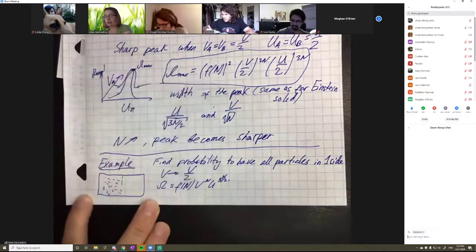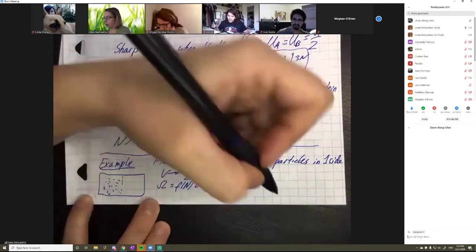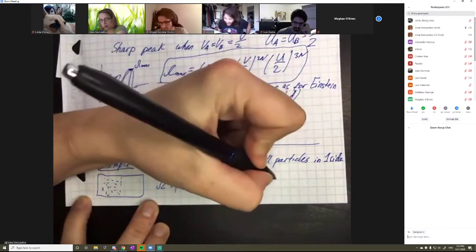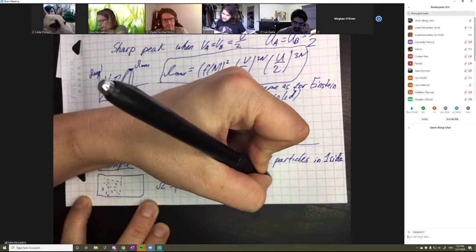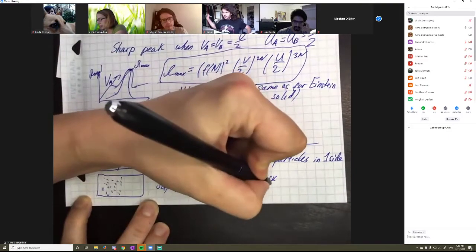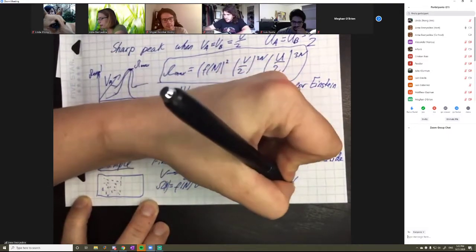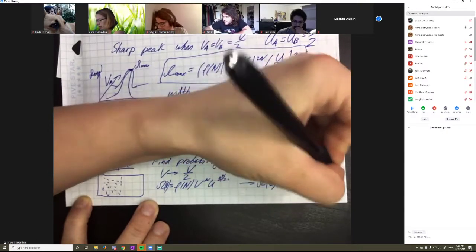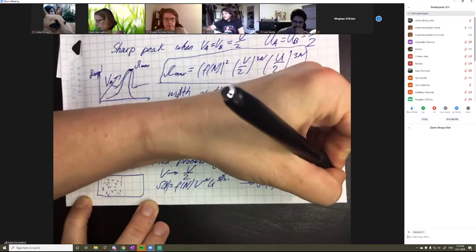And now we are going to half of the volume, so it is equal to f of n, V over 2 in the power of n, U in the power of 3n over 2.